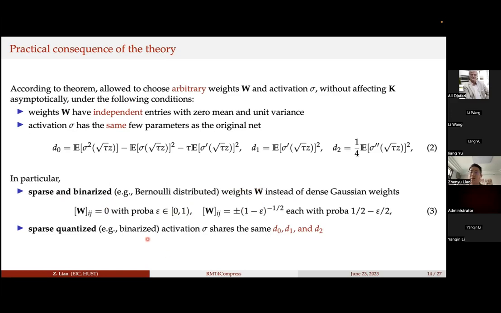Then we compute the D0, D1, and D2 of the original network and design a different sparse and quantized activation function that has the same parameters. In doing that, we make the neural network much more computationally easy, so it can be stored and computed much faster, but without changing the behavior of the kernel matrix a lot.